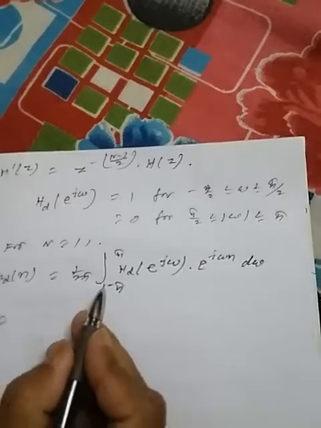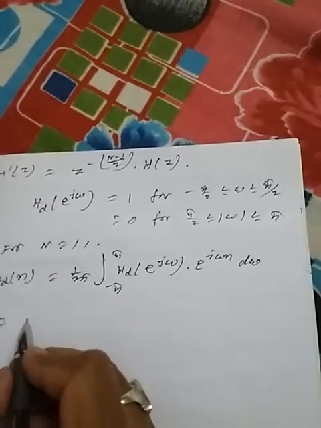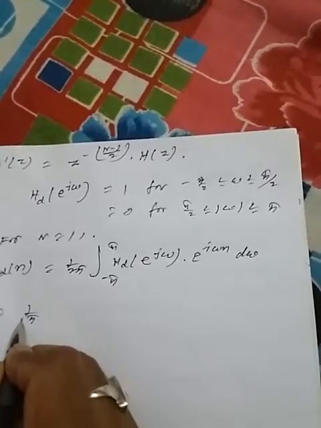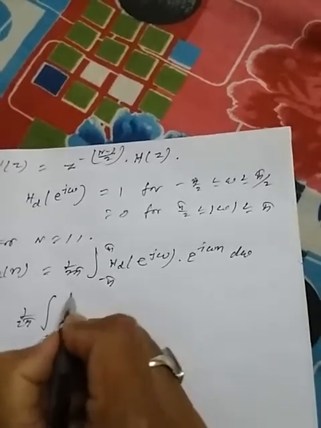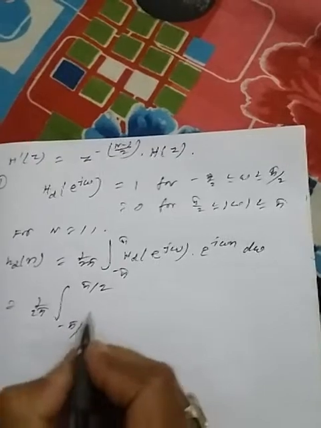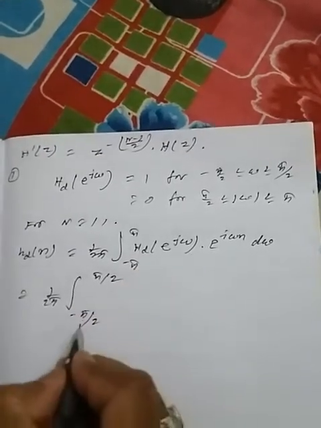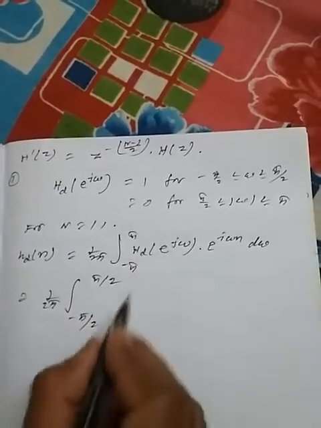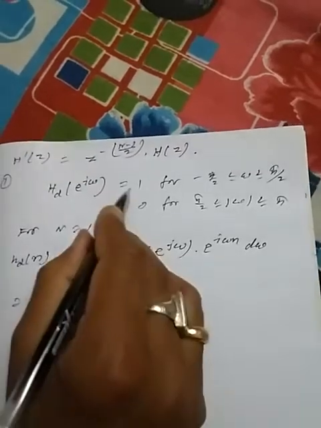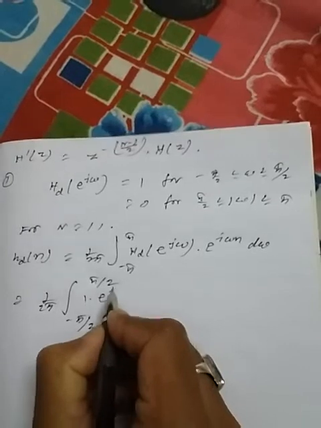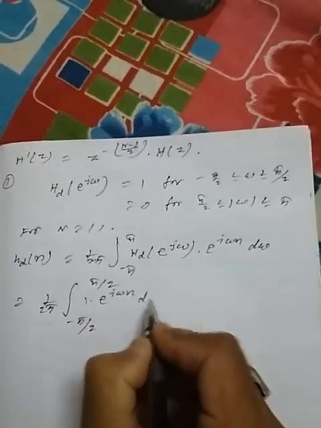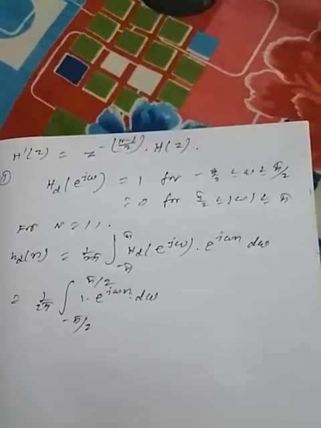So the limit of this integration will change to 1/2π from -π/2 to π/2, right? And what is the value of H_D(e^jω) in this range -π/2 to π/2? The value is 1. So this is 1 into e^jωn dω, right?